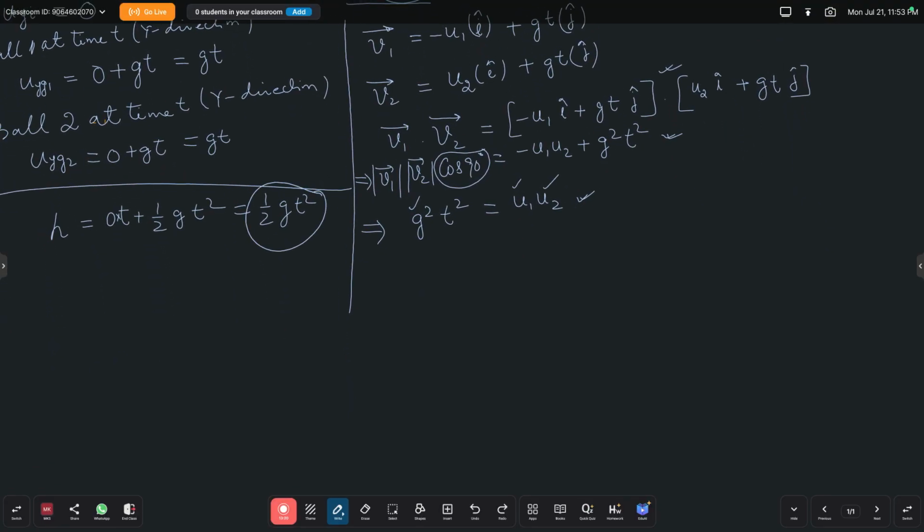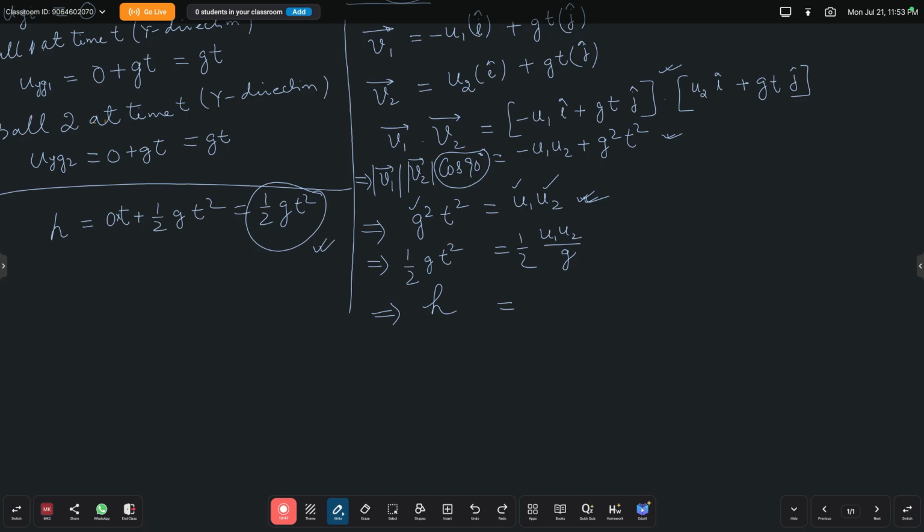If we try to reach this figure in this equation, we will get h directly. So half g t squared is half u1 u2 by g, and this is your height h.